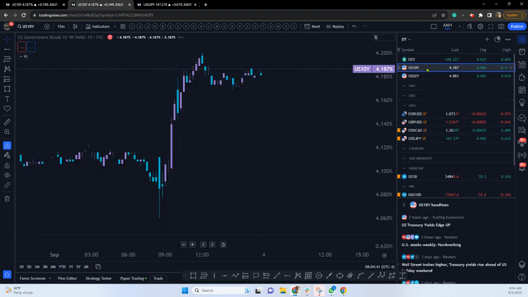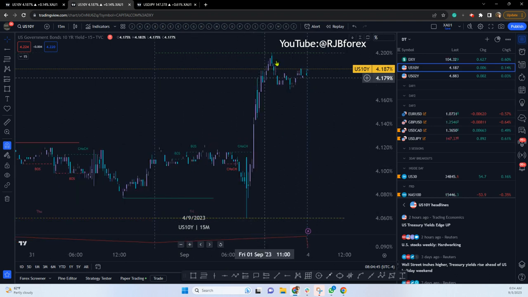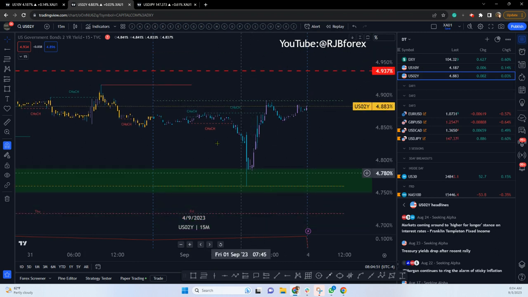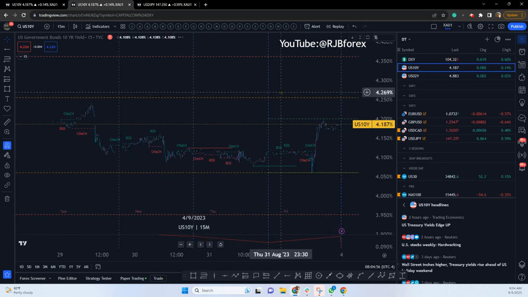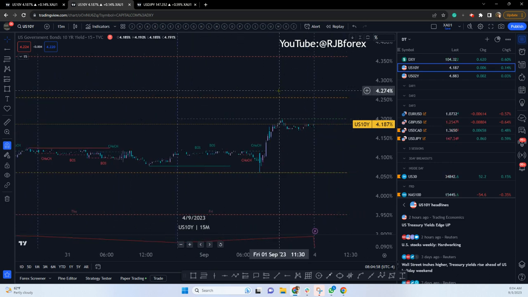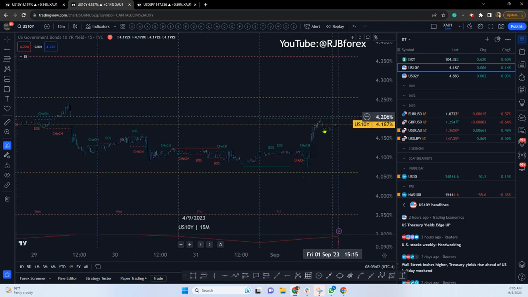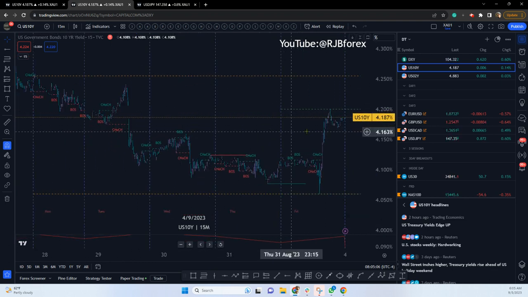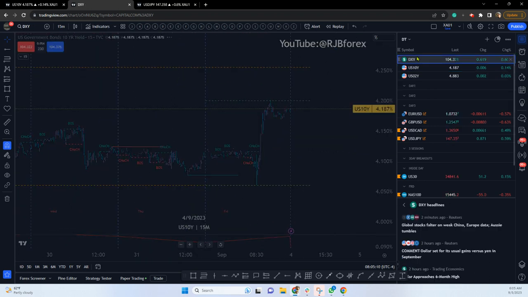Now these yields are pretty strong, aren't they? Strong move up. Coming back from holiday, the bond market was closed on Monday. So keeping an eye on that 10-year yield, see what goes on there.